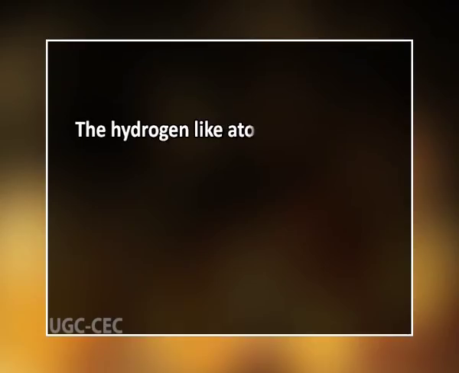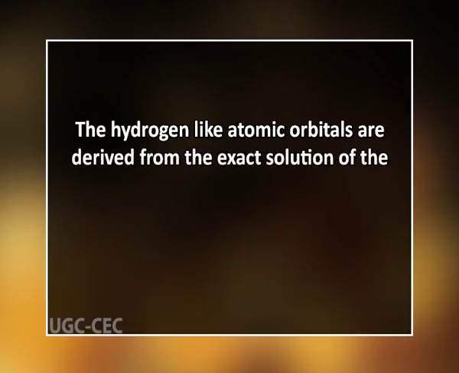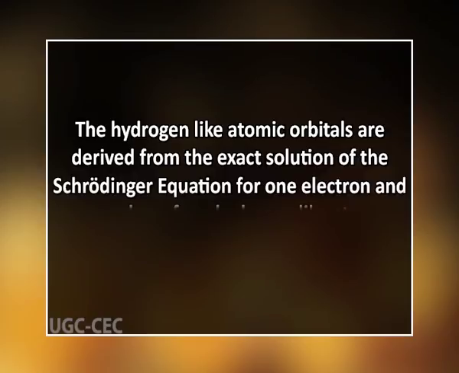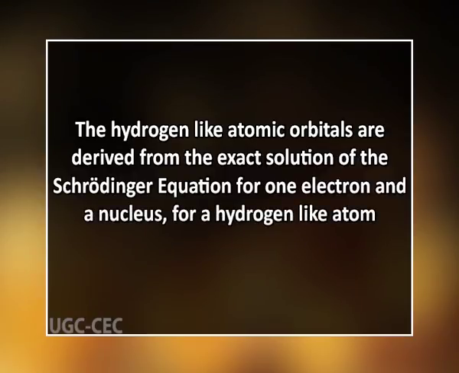There are typically three mathematical forms for the radial functions R, which can be chosen as a starting point for the calculation of the properties of atoms and molecules with many electrons. First, the hydrogen-like atomic orbitals are derived from the exact solution of the Schrodinger equation for one electron and a nucleus, for a hydrogen-like atom.